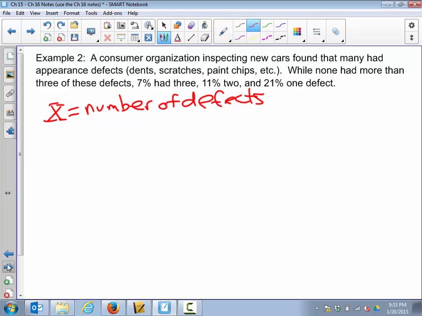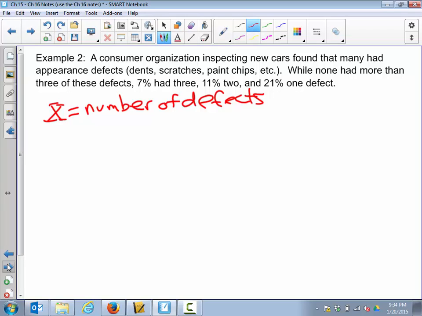If your random variable was continuous, instead of having discrete values of 3, 2, 1, or 0 defects, a continuous random variable would say you could have 3 defects, you could have 2.97, you could have 2.5, you could have 1.8, etc. All those decimal values between 3, 2, 1, and 0.